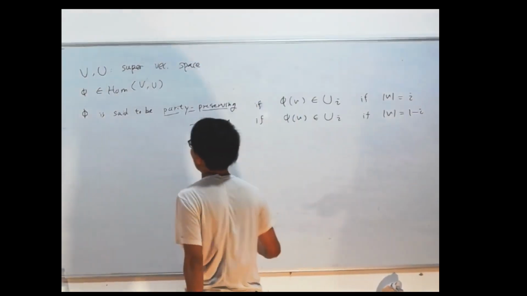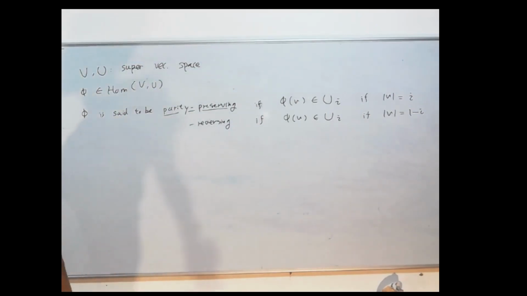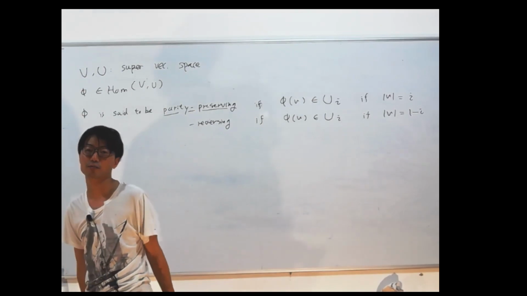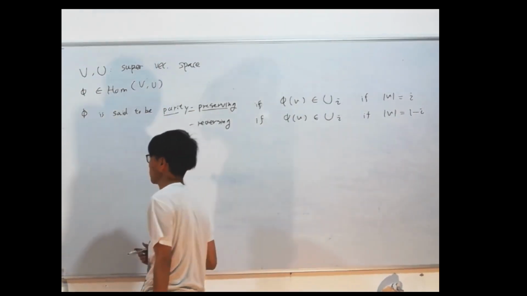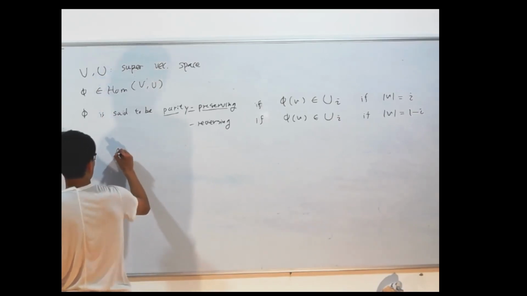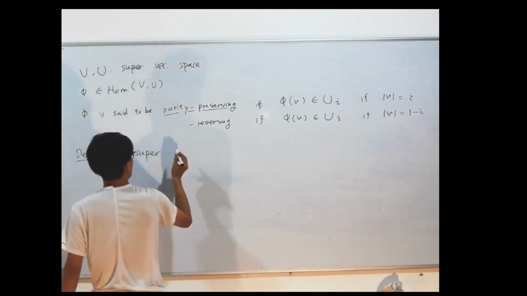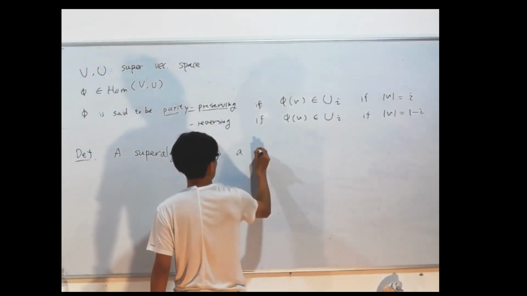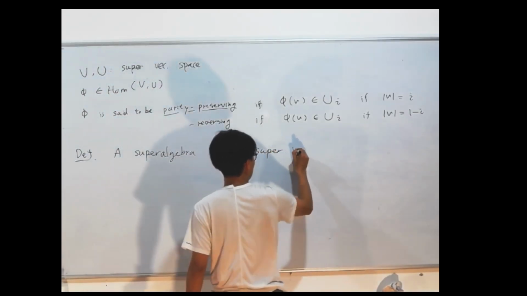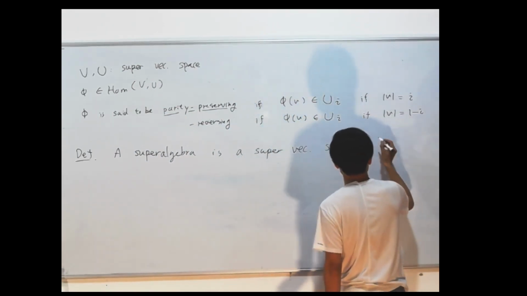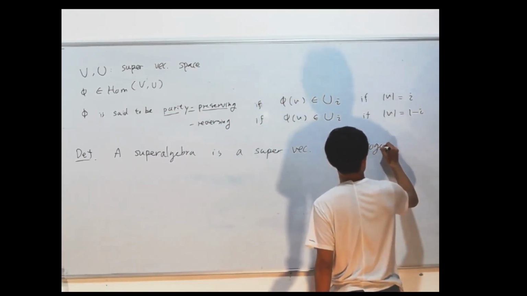Nothing crazy. Okay, so now I wanna give some sort of product structure, like multiplication structure in this vector space. So basically, I wanna define some sort of algebra. A super algebra is a super vector space together with some multiplication rule.